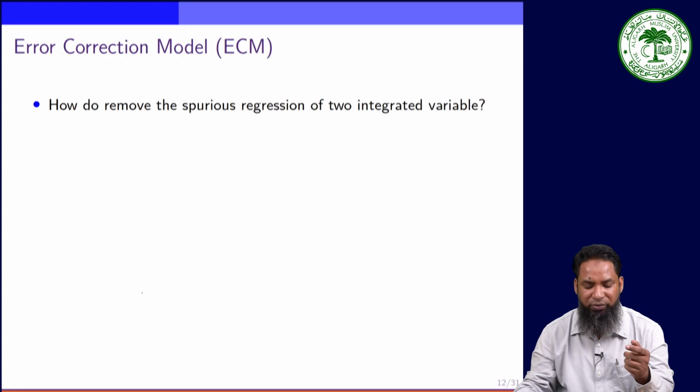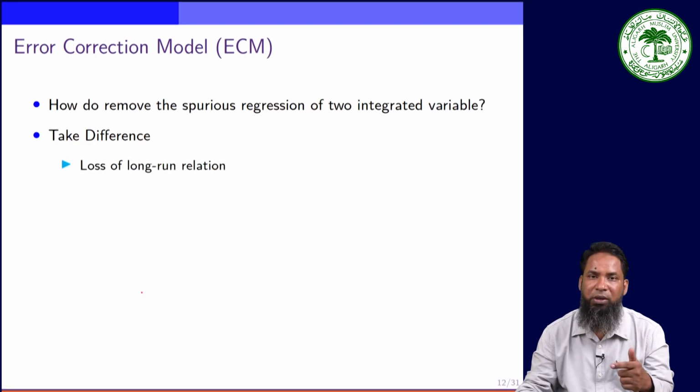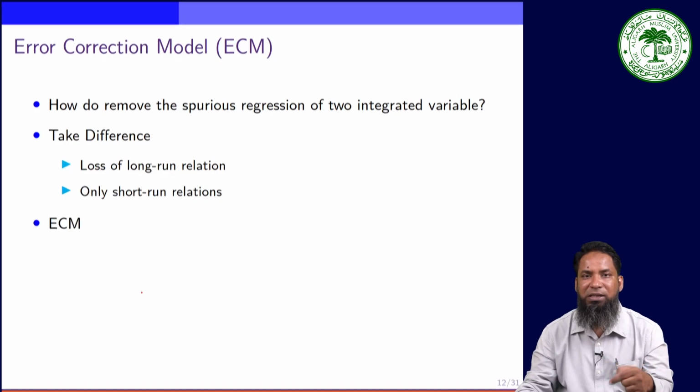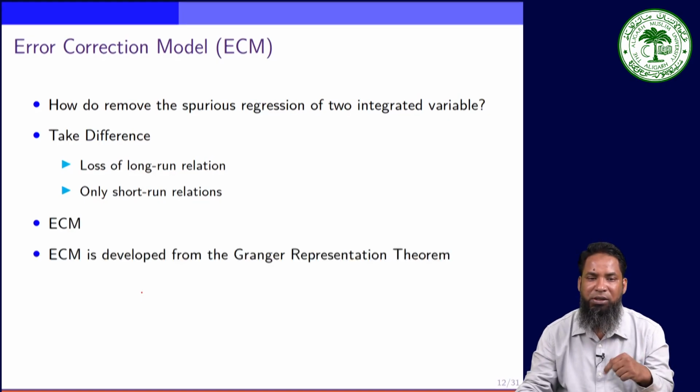If you remember, previously to solve the problem of spurious regression, we used to take the difference. However, when you take the difference, we are not able to estimate the long-term relationship. We used to establish only the short-term relationship. However, this ECM, the error correction model, helps us to establish both.